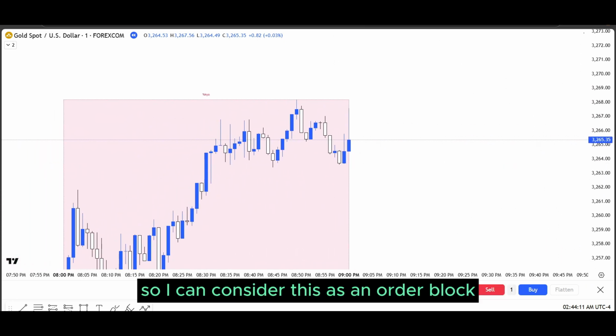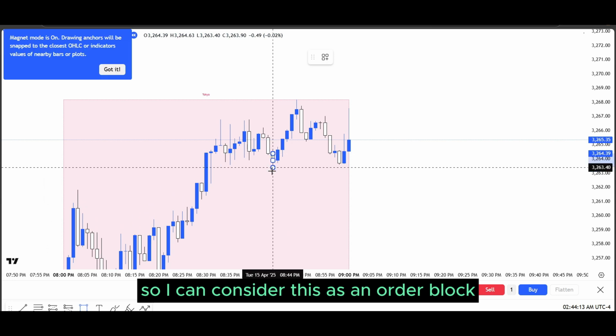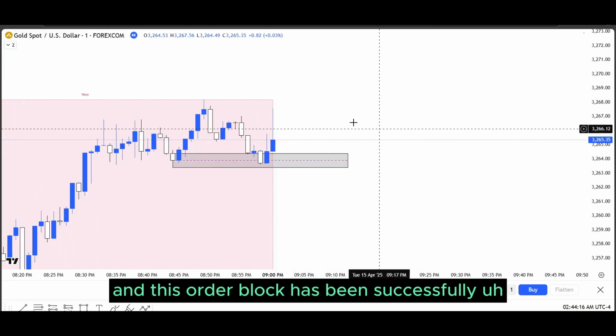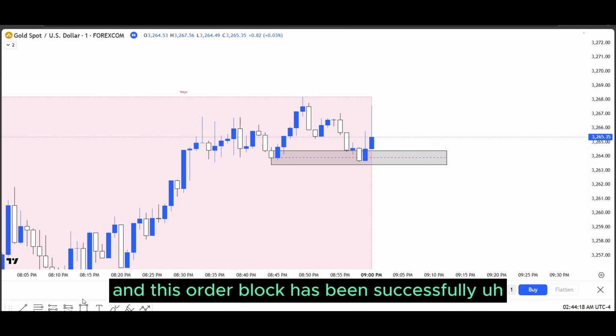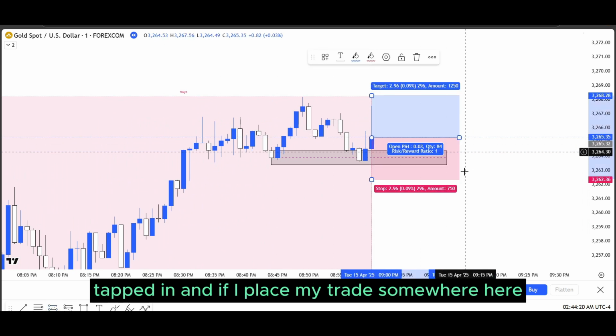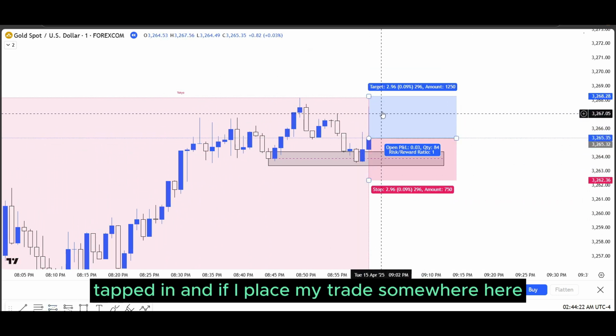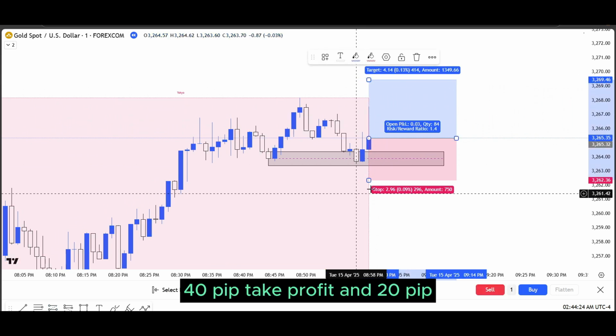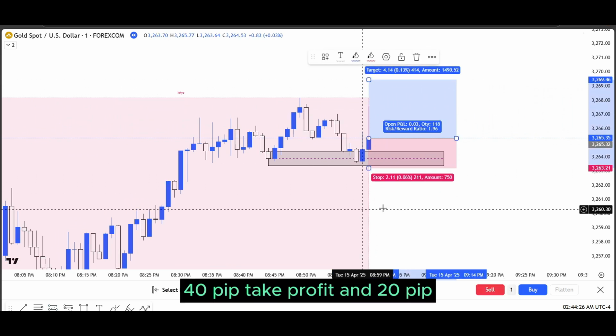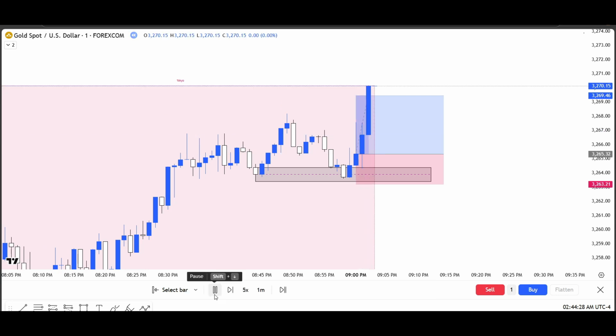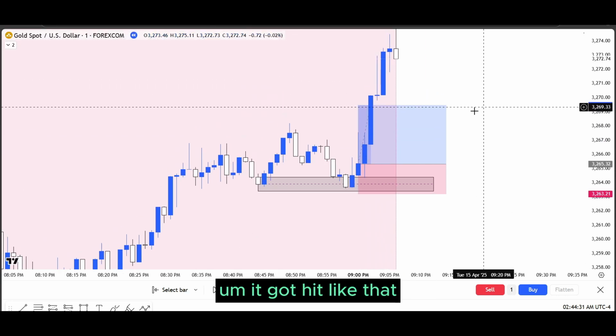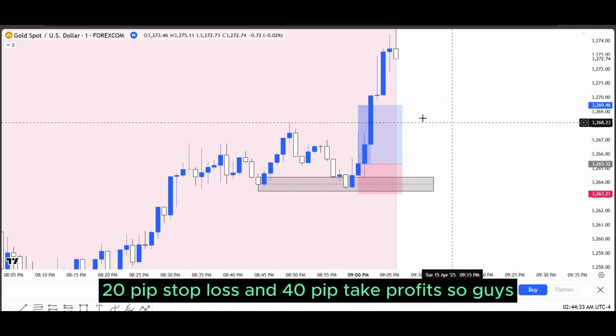I can consider this as an order block, and this order block has been successfully tapped in. If I place my trade somewhere here, 20 pip stop loss and 40 pip take profit, it got hit like that.